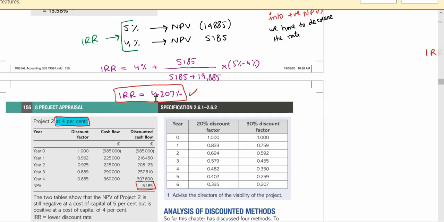I'm also doing it. Okay, it's the exact same one. You got the same number? Yes, I got the same number.